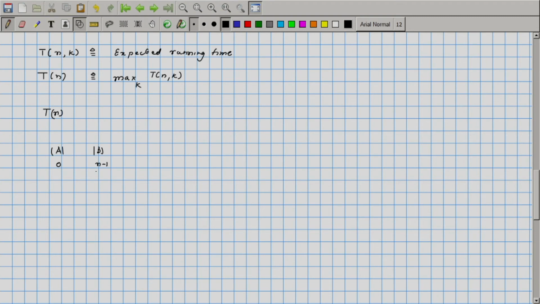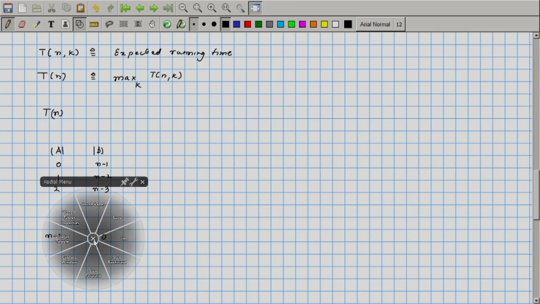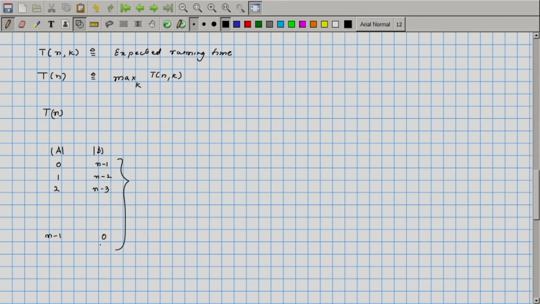This will depend upon which y you have picked. It could also be 1 and n minus 2, 2 and n minus 3, up to n minus 1 and 0. All these could be equally likely with probability 1 by n.